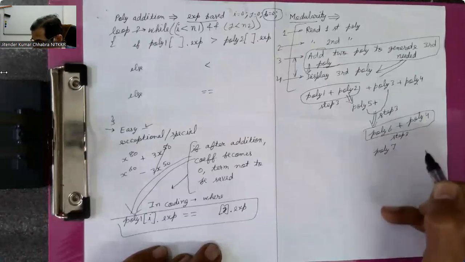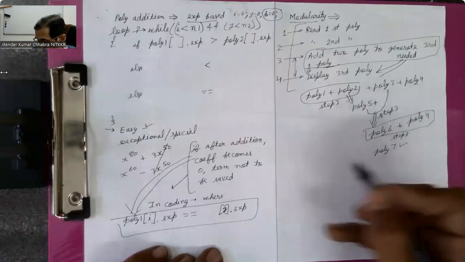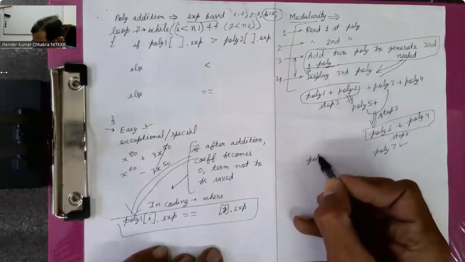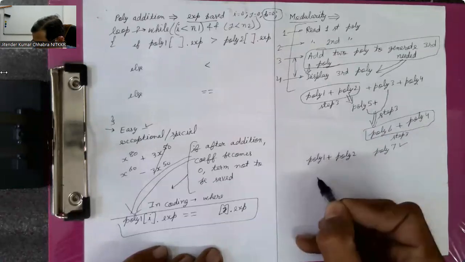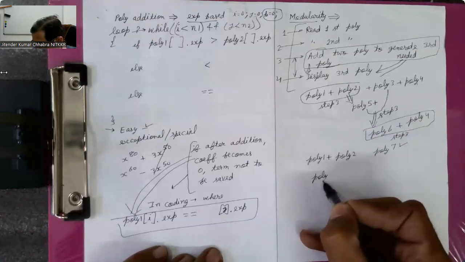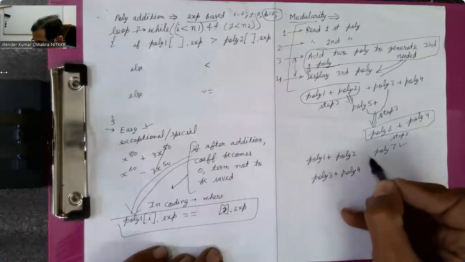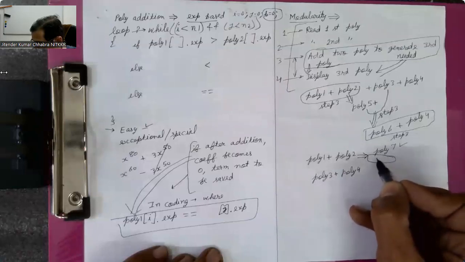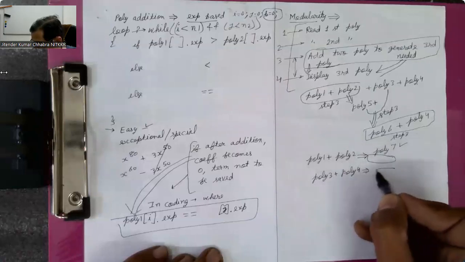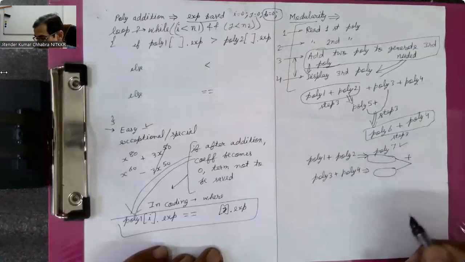Or you could also do poly 1 plus poly 2 through one addition of two polynomials. Similarly, poly 3 plus poly 4 added through another addition of 2. Whatever result, this gave another poly, and this also gave another poly. And now these two are also to be added using the same addition of two polynomials.